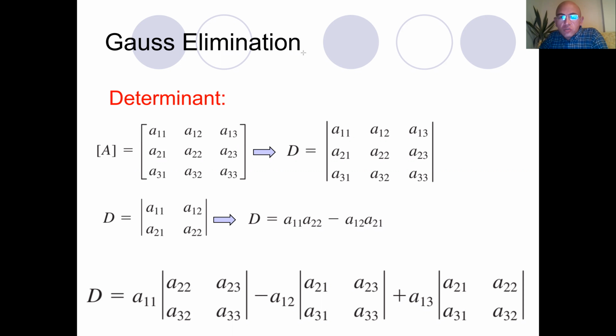Sorry, let's choose the color red. Okay, so I choose the first row. Then I begin to give a sign to them. So the first one is plus. Then the second one is minus.